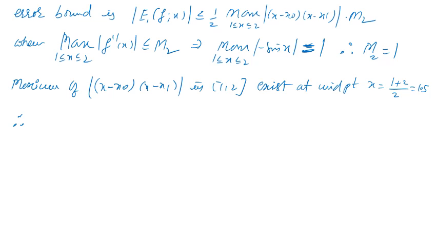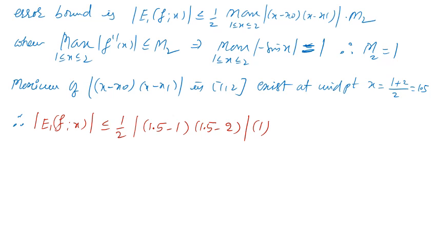Therefore, what is the error bound? E1(f(x)) is less than or equal to 1/2 times the maximum of |(1.5 − 1)(1.5 − 2)|. I am writing directly. The maximum value of this in [1, 2] is 1/2 times: here you will get 0.5, and here you will get −0.5, so the product is 0.25.